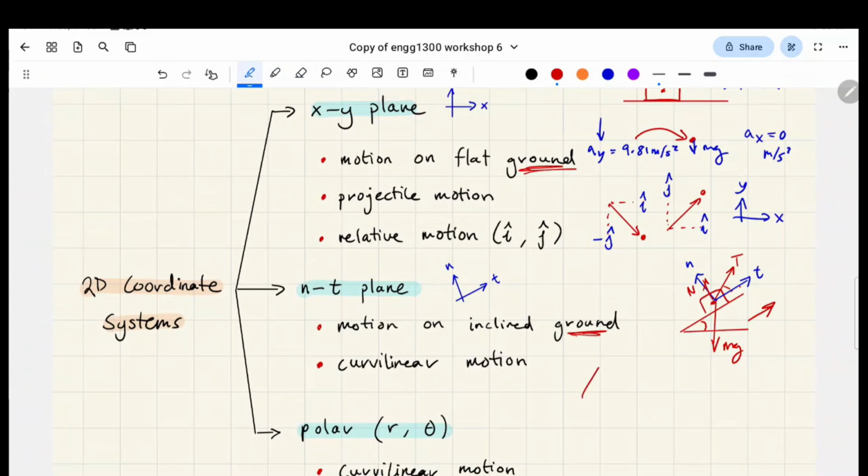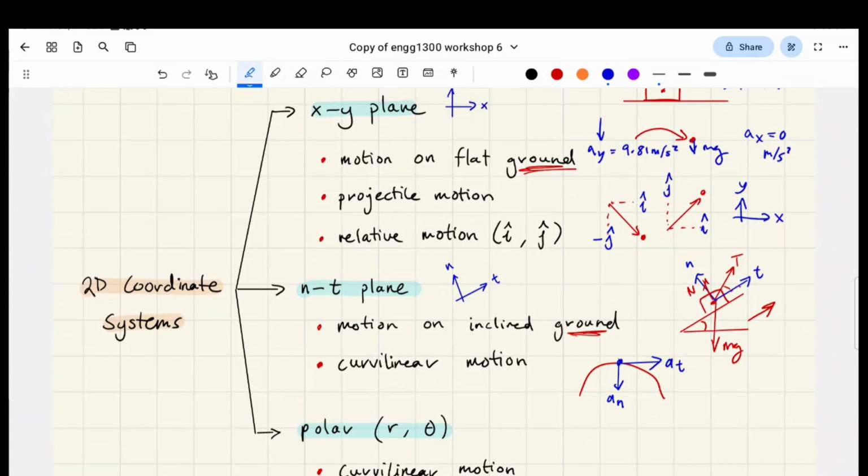And next, curvilinear motion, which we will talk about a bit more later. So say I have a car going around a race course or something that's circular. You'll find that there's a normal component for your acceleration as well as a tangential one, right? And the way that you work these out will be different.